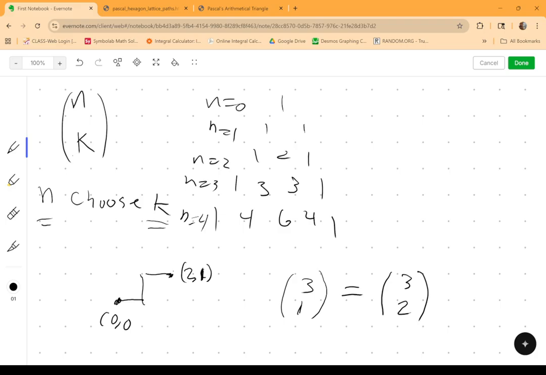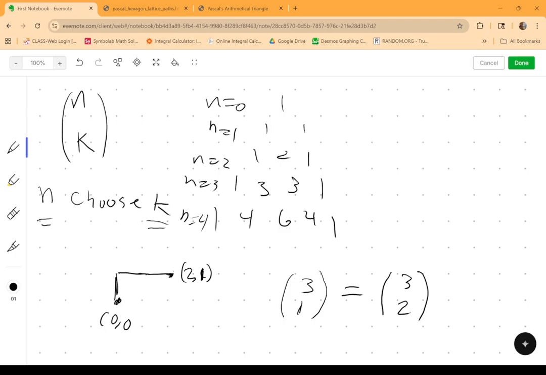Or I can also choose just 2 up here, in which case I fill it up with that. So you can see how those are just equivalent.